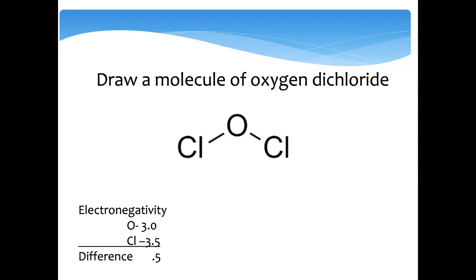Let's go ahead and take a look at our electronegativity difference. Even though we have 2 chlorines here, we're just taking a look at this bond and where the electron is being pulled. With an electronegativity difference of 0.5, this is going to be a non-polar molecule. So we have a non-polar bond and a non-polar molecule.